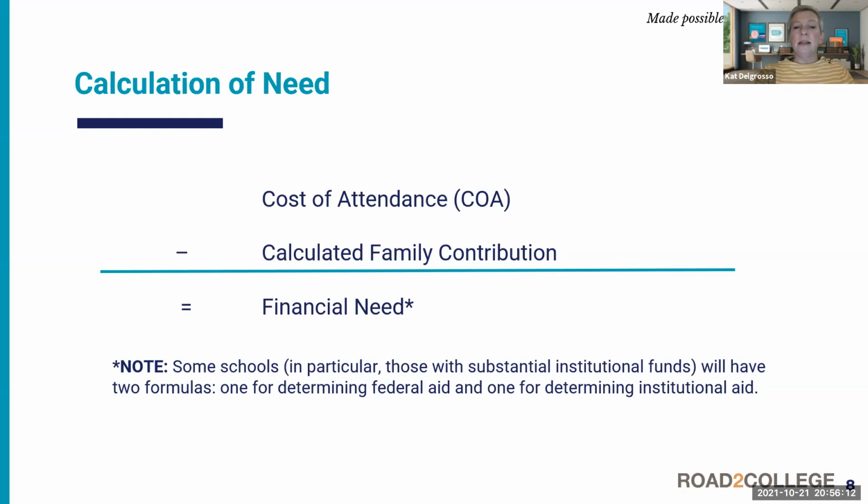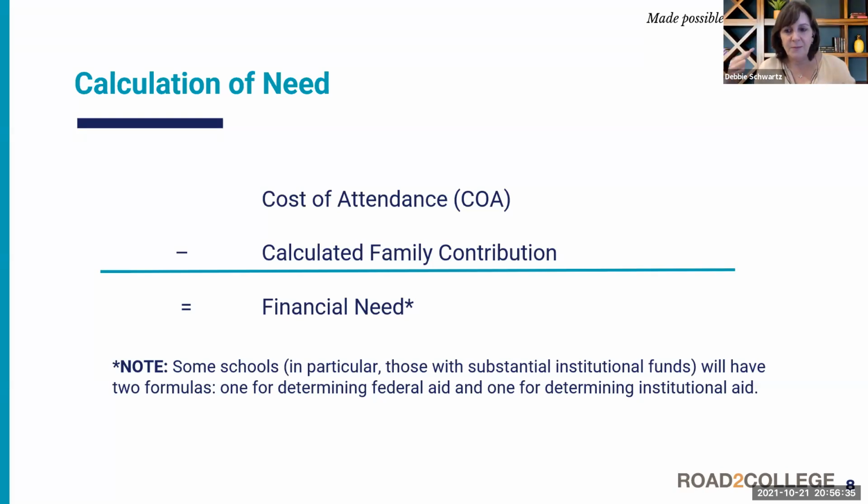I'm terming this calculated family contribution, because it's going to be whatever school A calculates for their needs and school B calculates for their needs, and so on. It's actually never going to be that the EFC is exactly what you'll pay a college.